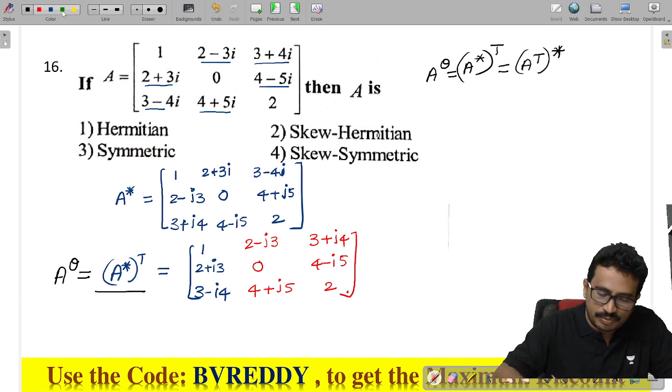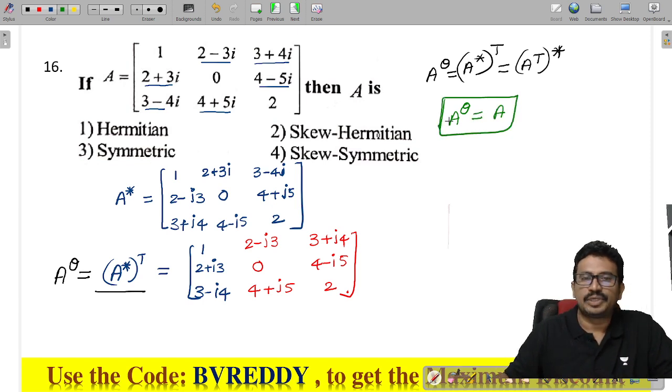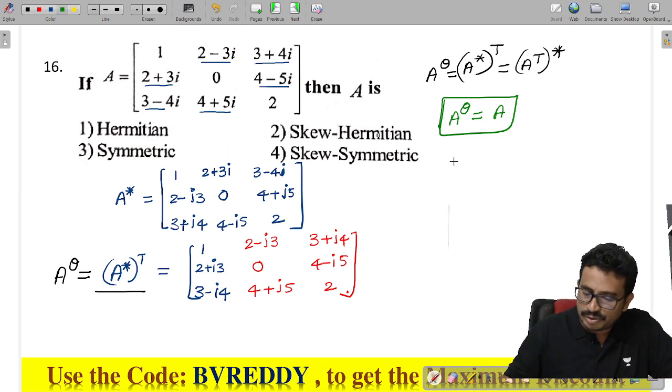Now if you see this matrix, A theta, the transposed conjugate, is also equal to A only. Then we call this type of matrix a Hermitian matrix. This type of matrix is called what? Tell me. Hermitian matrix.